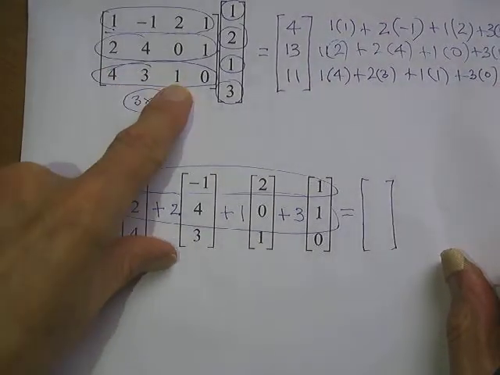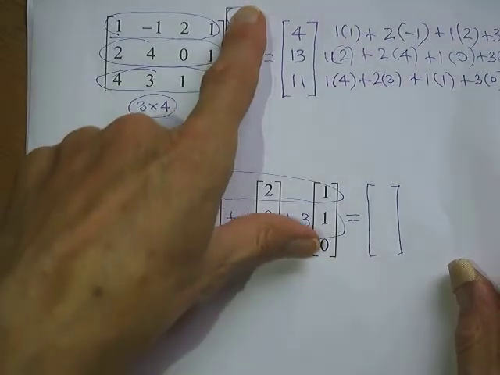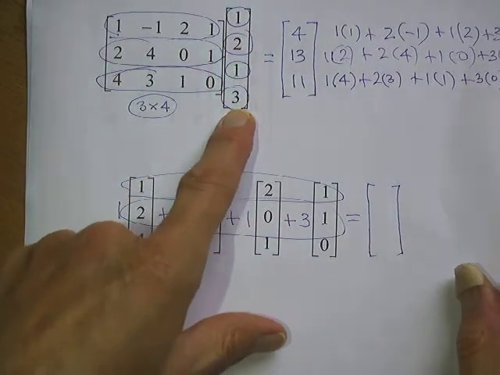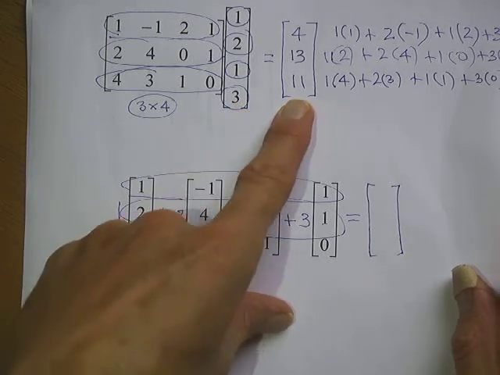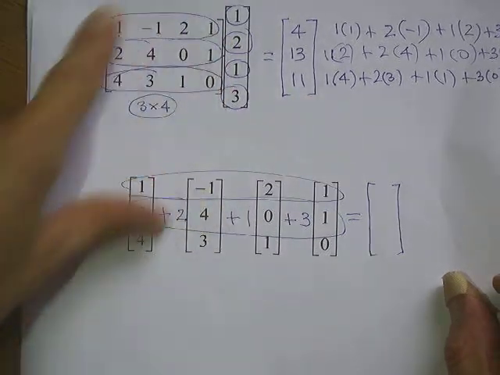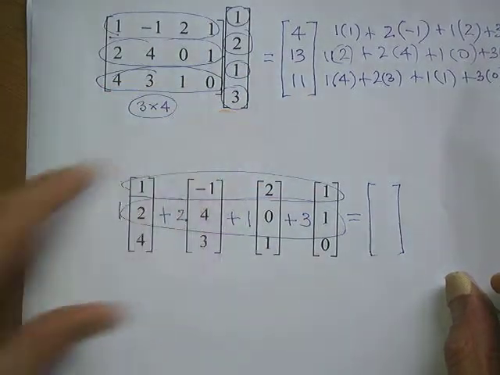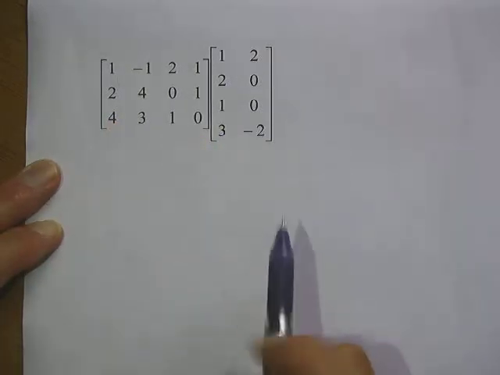Well, here's how I think of this. I think of these columns as the ingredients and this vector as the recipe that tells me how to put the ingredients together to make a cake, and that's the cake. So I've got the ingredients and a recipe.